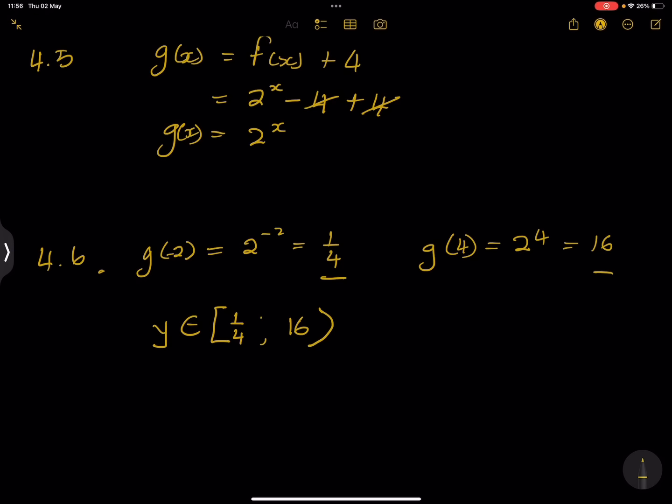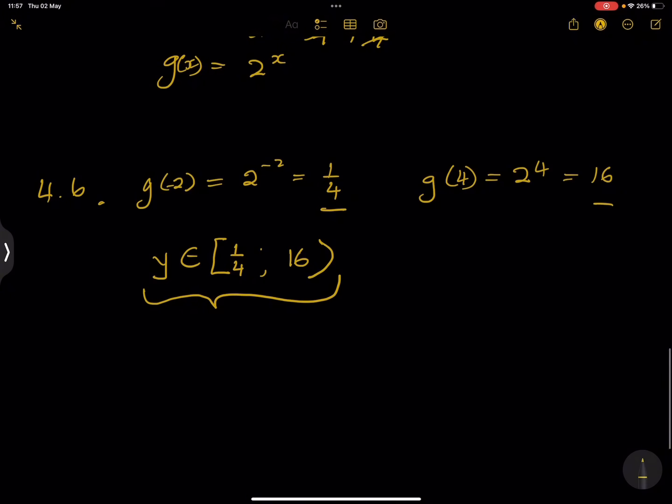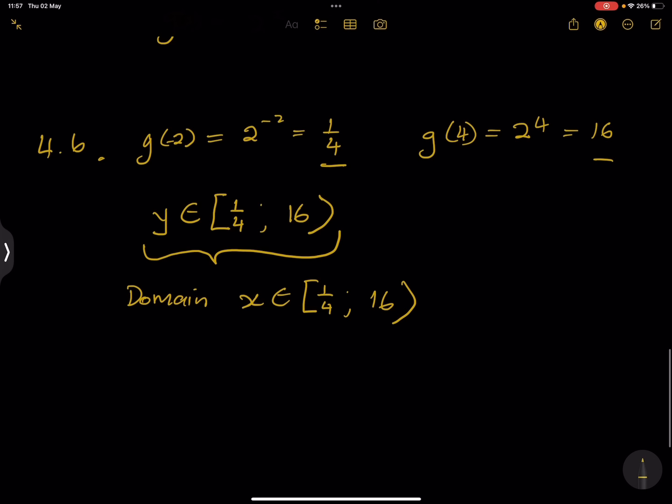Now remember, in this case, what did we do? Whatever is the range of the original graph becomes the domain of the inverse. So now the domain of the graph of g inverse is x is an element of, from 1 over 4 to 16, and that would be excluded. I hope that makes sense, guys.